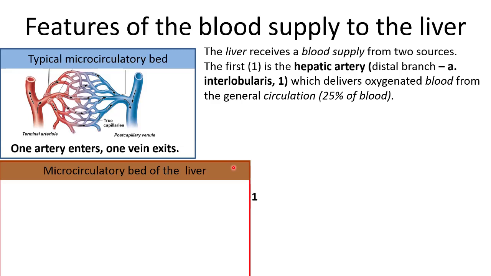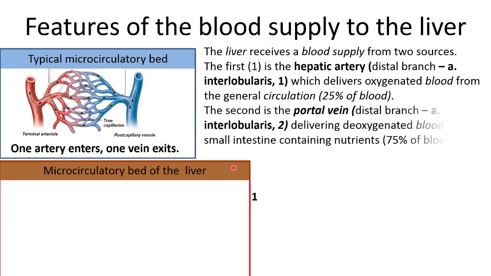I use number 1 to demonstrate it. And also we can find here vena portalis, or portal vein. The most distal branch of the portal vein is called vena interlobularis.